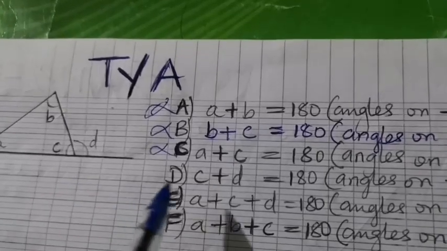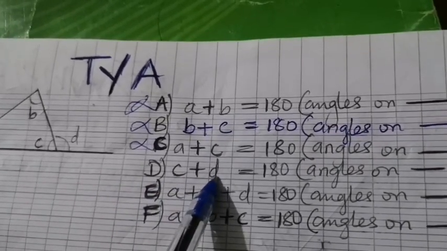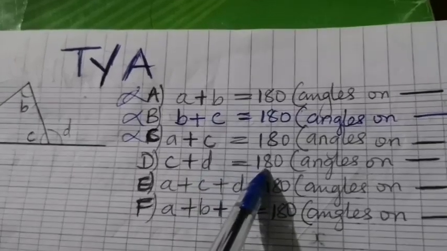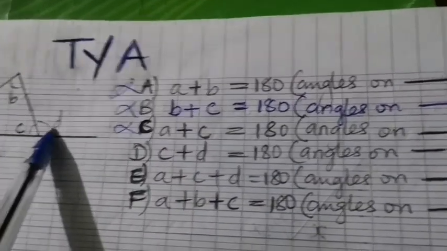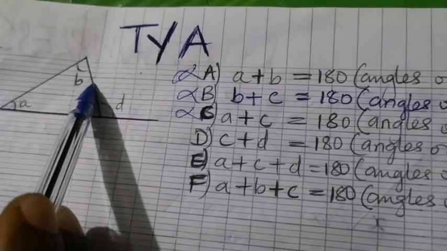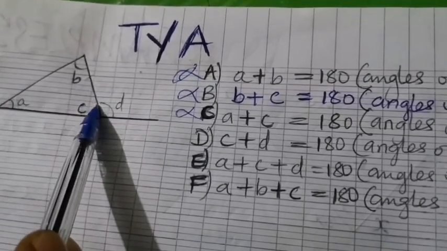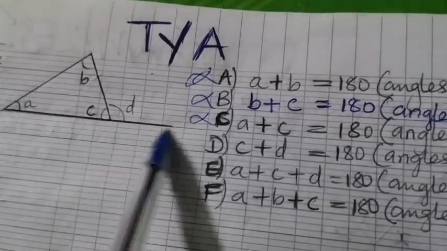Okay, the next one we have here is C plus D. C plus D is equal to 180 degrees, angles on a straight line. If you check very well, this line meets this line at this point here.